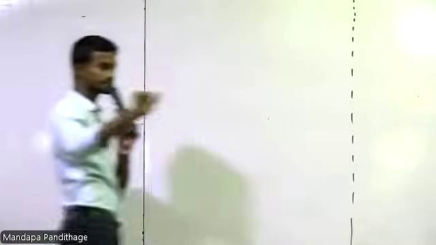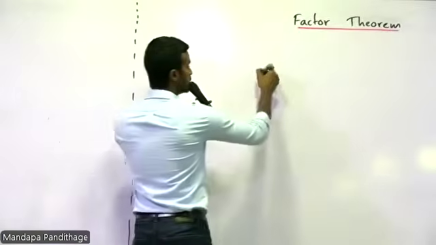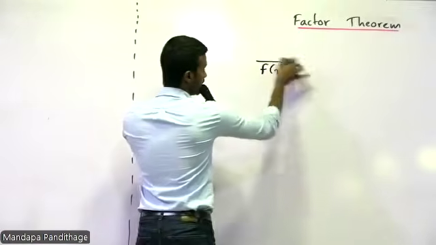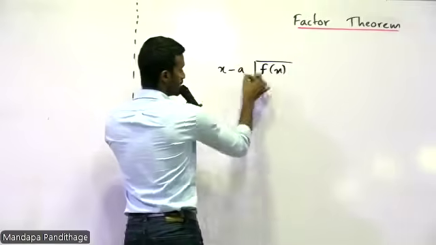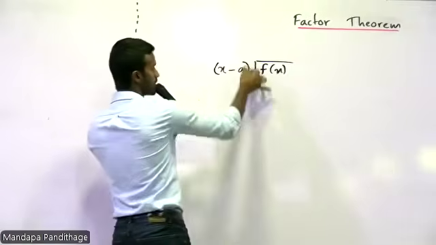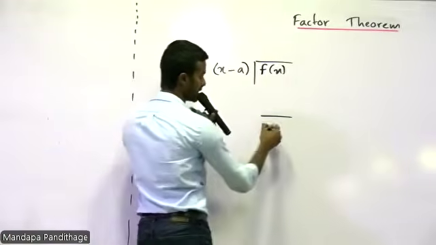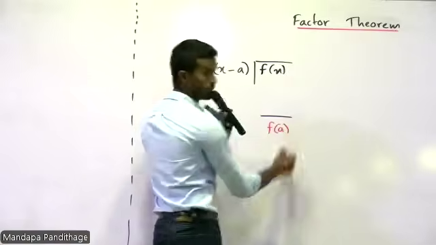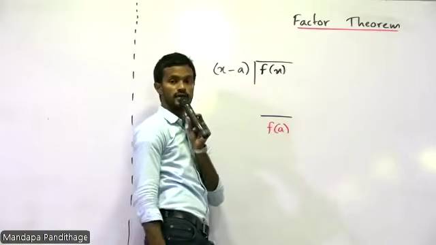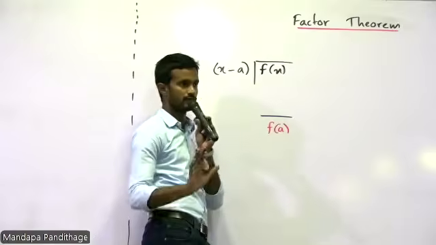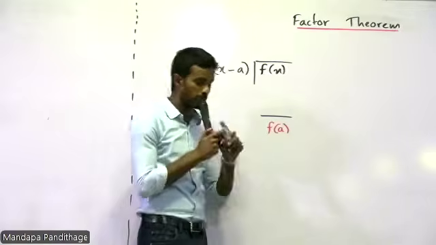Okay. Now we are going to construct the factor theorem using your knowledge. Pay attention. We have the polynomial f(x), and when we divide the polynomial by x minus a, I know the remainder is f(a). How do I say the remainder is f(a)? Using the remainder theorem. Remember, I need you to combine these two.